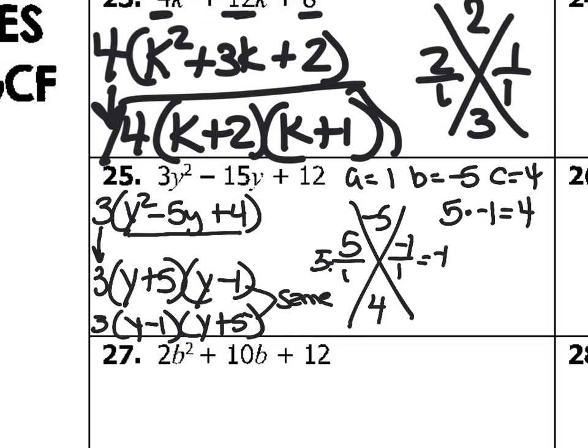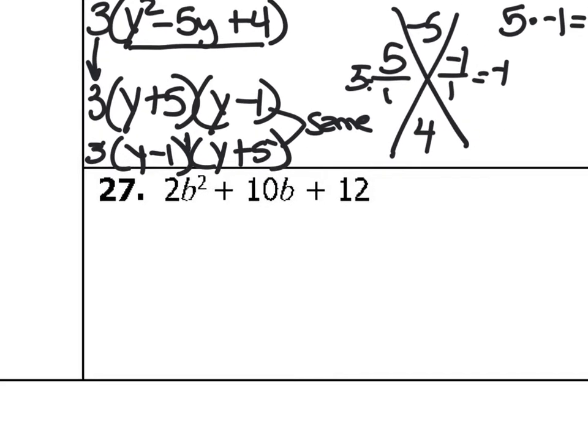Remember the commutative property: order doesn't matter when you're multiplying, okay? So it doesn't matter, we're multiplying here, so these are all factors. So it doesn't matter what order we have them in. In fact, this 3 could be in the middle here. It doesn't matter.